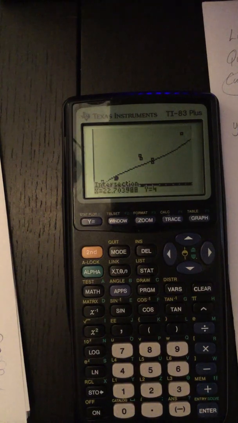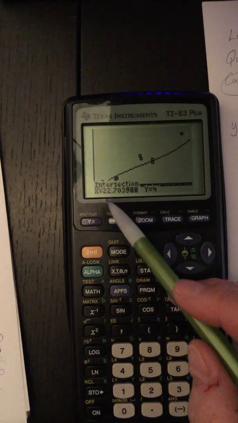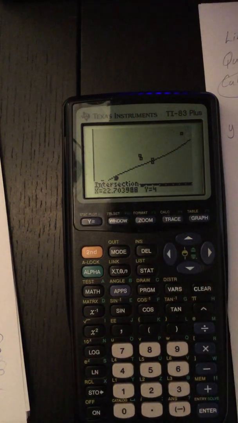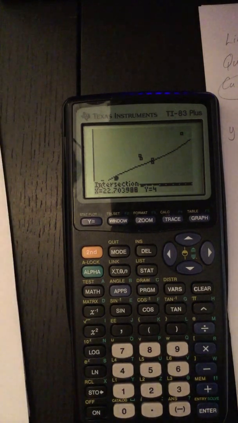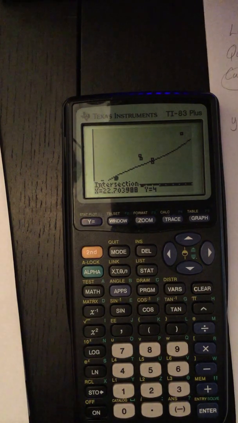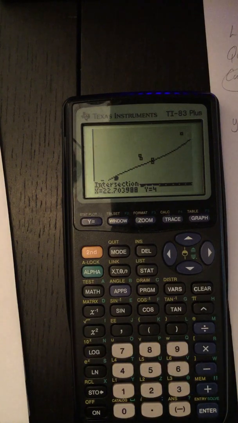And it tells me that it intersects at x is 22.7 and y equals 4. So that means that at 22.7 kilometers per hour, we've got a 4 meter stopping distance. Okay? So that's page 44. Again, I'm doing these in chunks to kind of break it up to see what you need to know. All right.